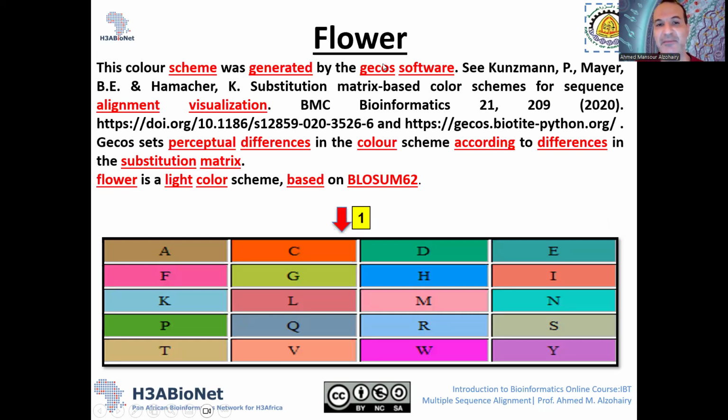Also, we have some coloring schemes generated by the JCOS software. This color scheme called Flower was generated by JCOS software, and actually the Flower coloring scheme is a light color scheme based on the Blosum 62, as you can see here.